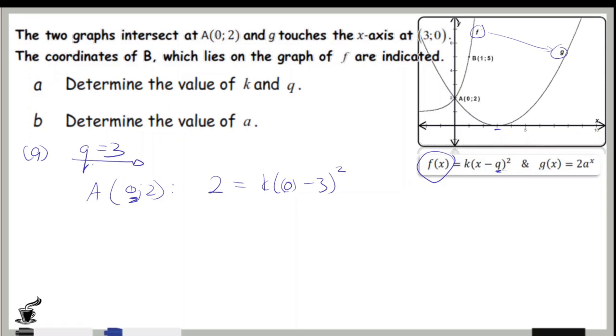We are using that equation over there. Hence 2 is equal to, well, negative 3 squared is just 9k. Thusly k is equal to 2 divided by 9.